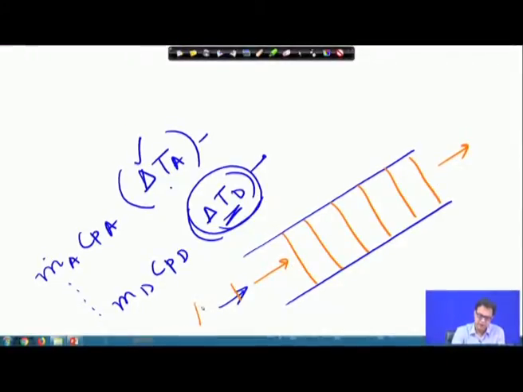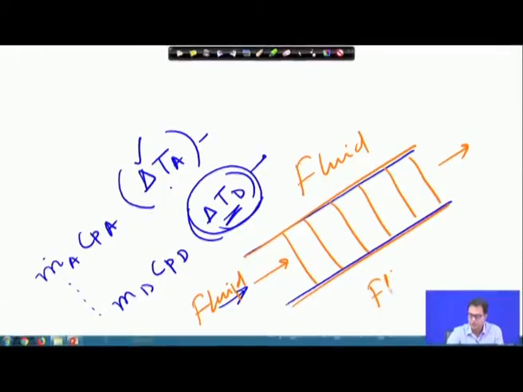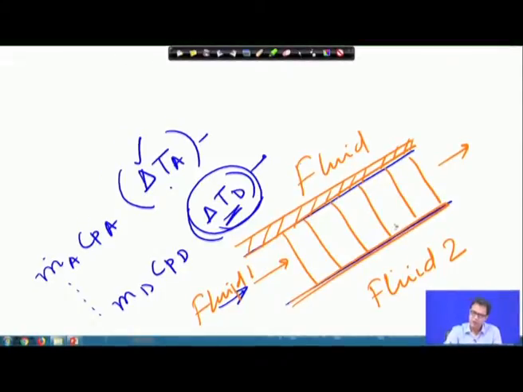Say it is some fluid 1, and depending on its surroundings, it may have some other fluid on this side, or for the terminal fluid an end cap would be there, and on this side there will be another fluid, say fluid 2. So, depending on the temperature difference, either this fluid will give heat or it will receive heat.